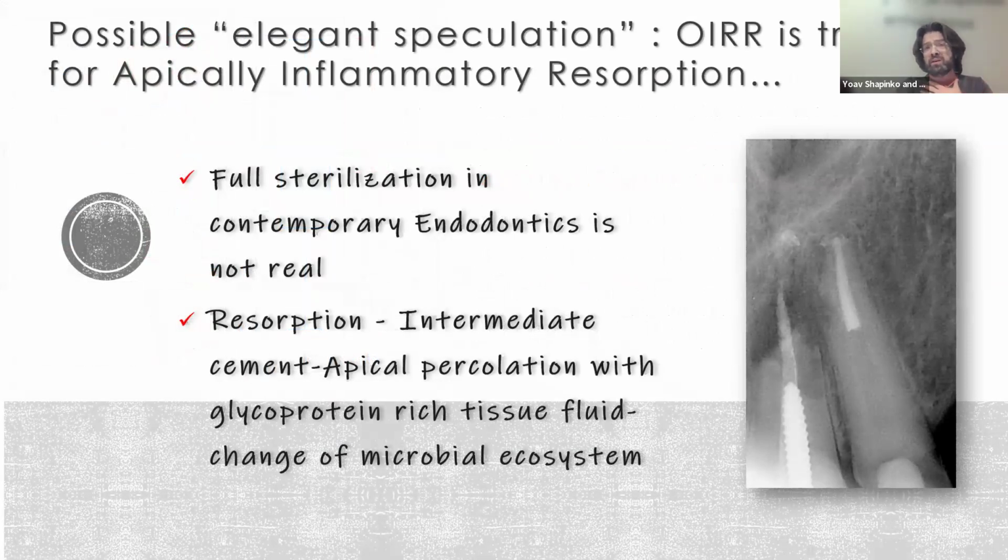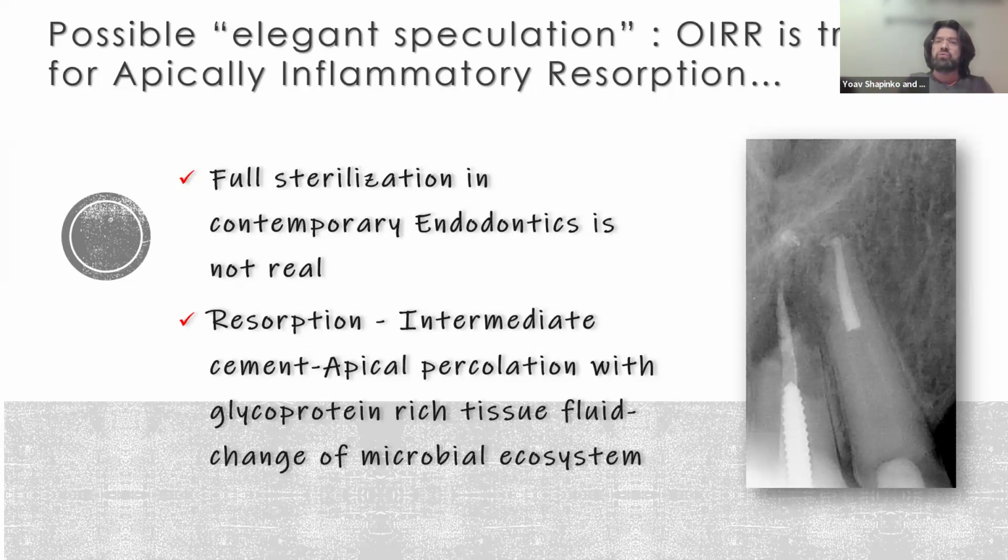What we endodontists are doing is maximally efficient disinfection, but some microorganisms remain inside. And sometimes we have a balance between them and our body and immune system. And in this balance, we have no disease. But in orthodontic treatment, orthodontically induced root resorption can disrupt this balance by resorption of the intermediate cementum.